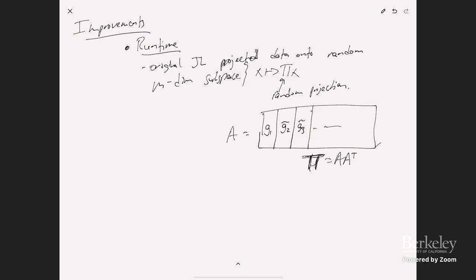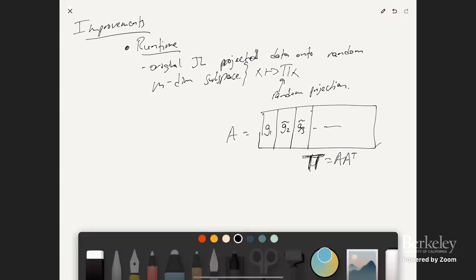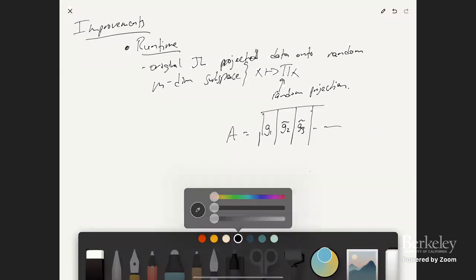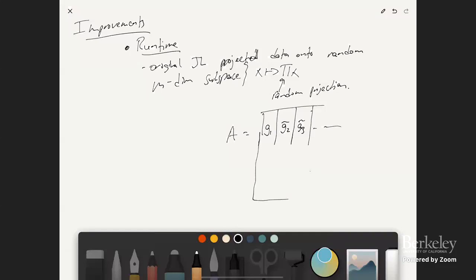It's exactly the other way around. The point is I'm projecting to a lower dimensional subspace. Okay, now I'm happy with this picture.